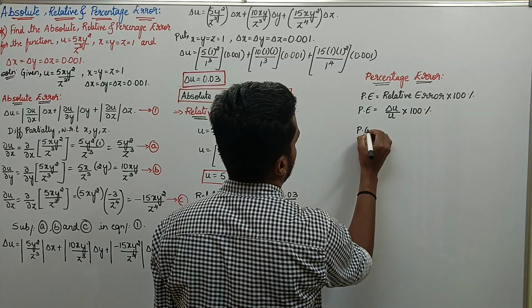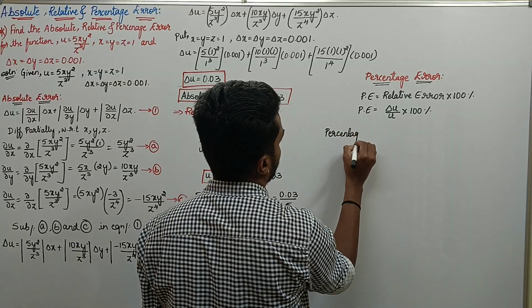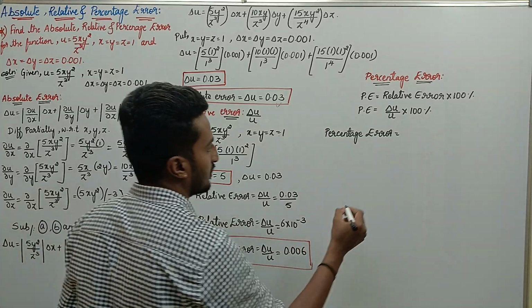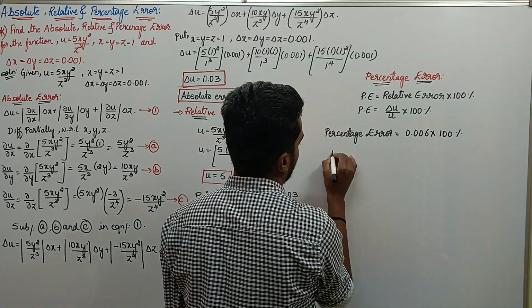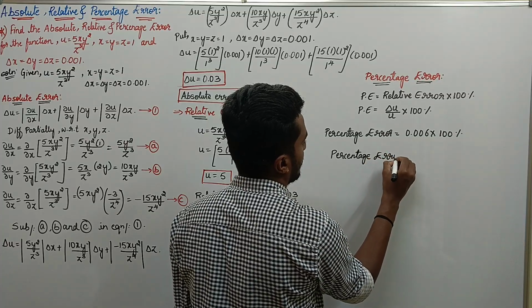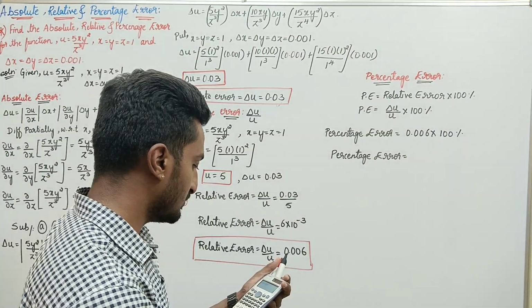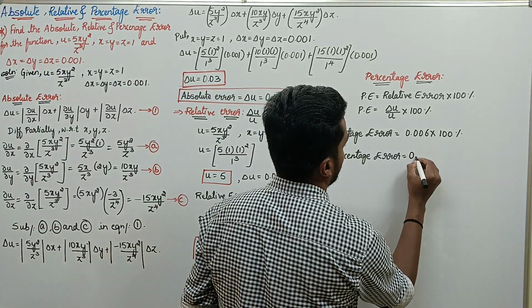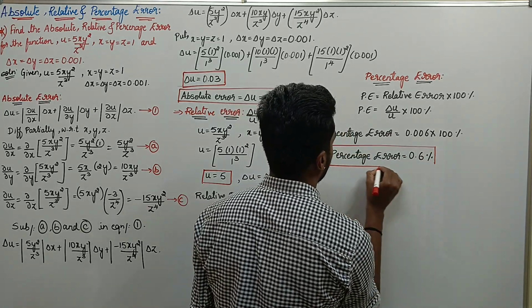Percentage error is equal to 0.006 into 100, and you get 0.6 percent. This is the percentage error of the given function.